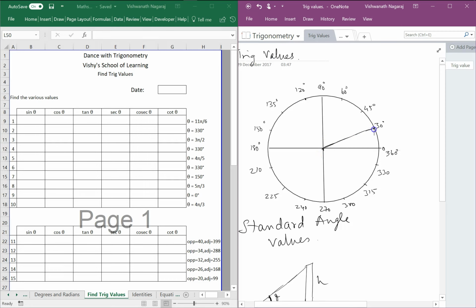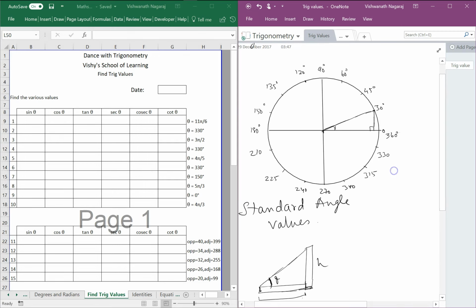Okay, and if you drop a perpendicular line, you end up with one triangle. And this angle is your 30 degree angle. What are the values? If I treat it as an x and y coordinate system, right? So this becomes x, this becomes y, and let's say the radius is 1. Remember, this is a unit circle, a circle with radius 1.